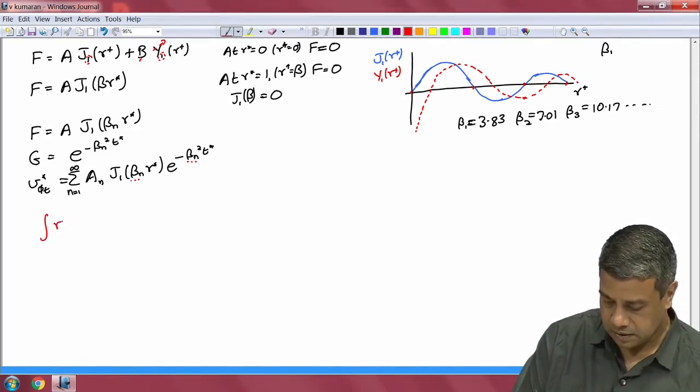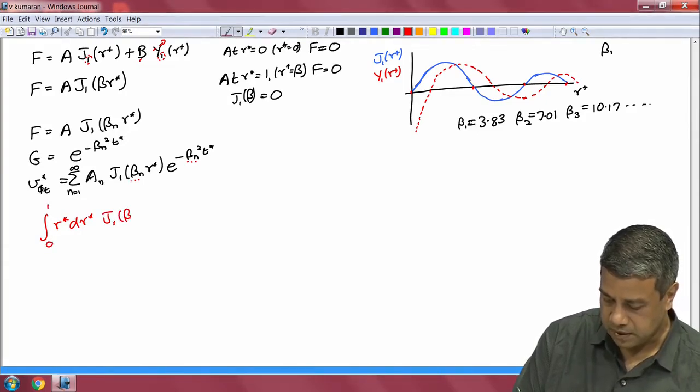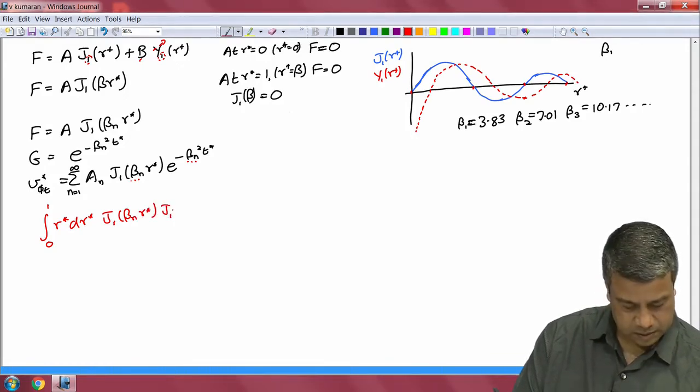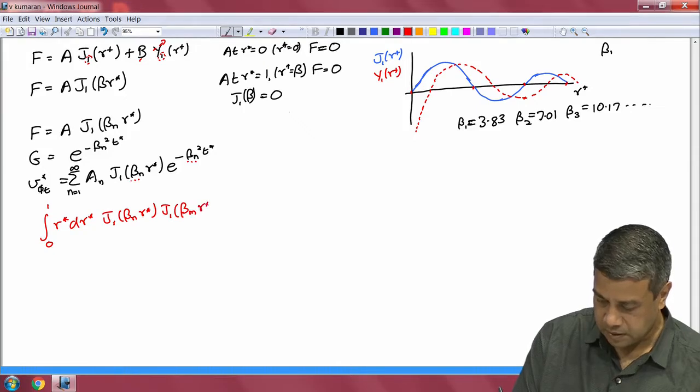In this particular case, the orthogonality relation is defined as the integral r dr from 0 to 1 of J1 of beta n r times J1 of beta m r.